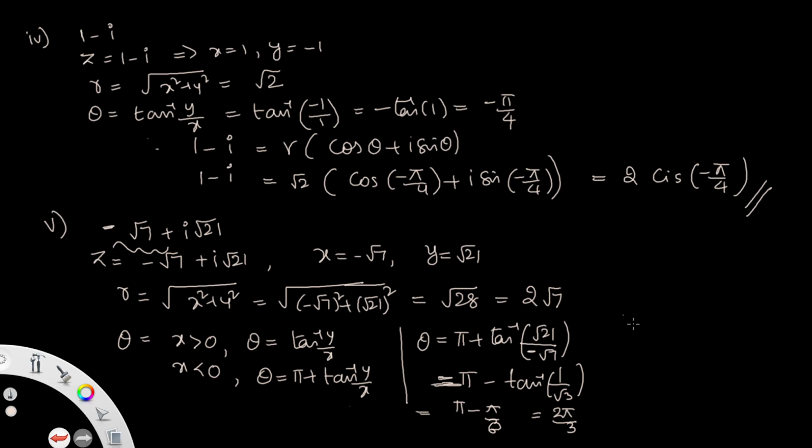So therefore minus root 7 plus i root 21 can be written as r into cis of theta, that is 2 root 7 into cis of 2 pi by 3.